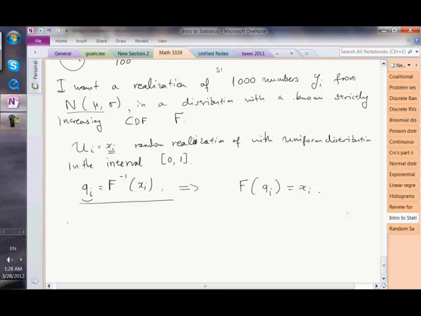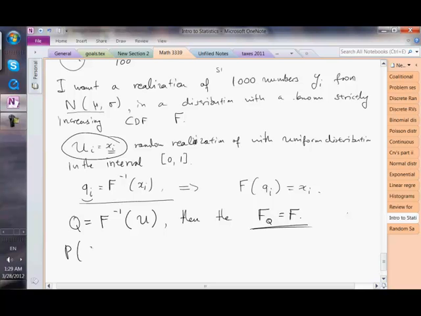If we take the random variable Q, which is F inverse of U, where U is the uniform distribution that gave me these points, then the CDF of Q is actually the known CDF F, the given CDF F. And here's the proof.